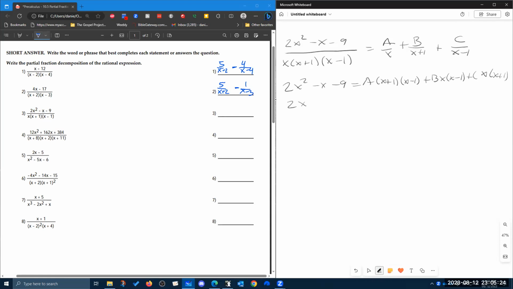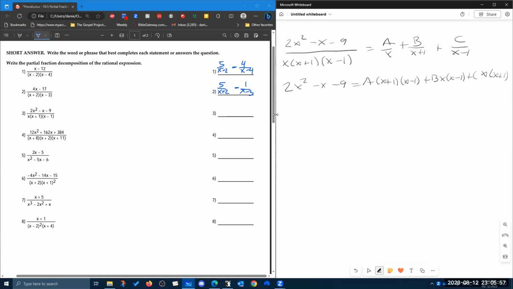So 2x squared minus x minus 9 equals a times x squared minus 1 plus b times x squared minus x plus c times x squared plus x. Again, I should have probably just used the technique that I just showed you.